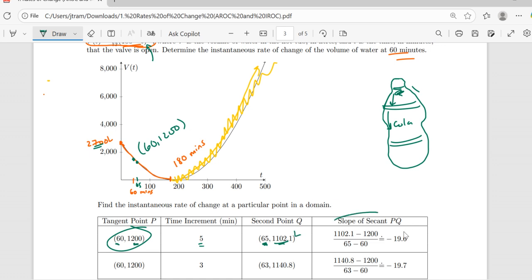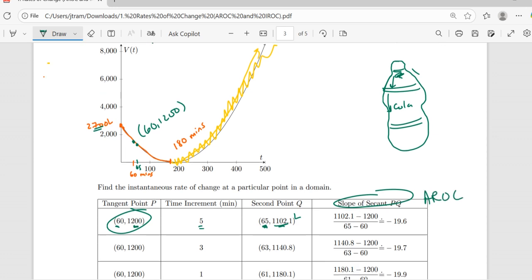If we found the average rate of change, not the instantaneous, between 65 and 60 minutes, it is draining at roughly negative 19.6 liters per minute. But again, that's a secant line between those two points.